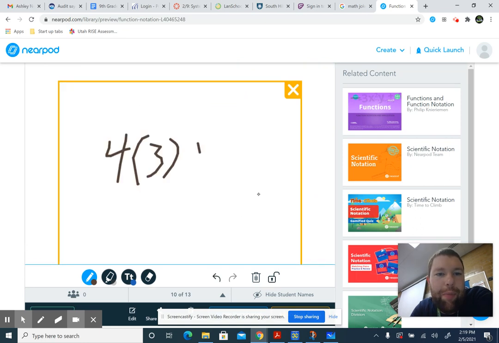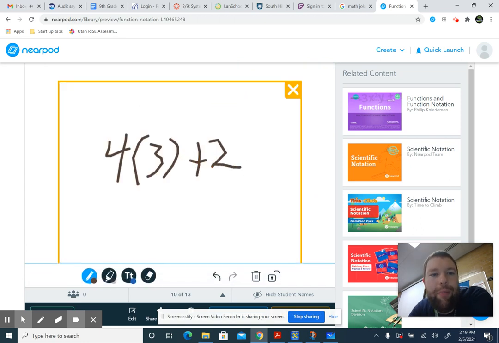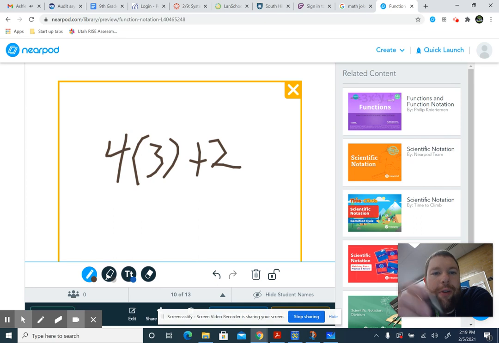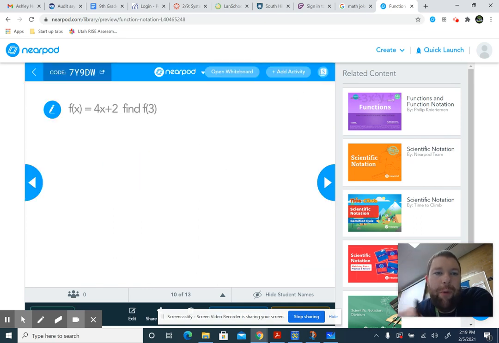So 4 times 3 is 12, plus 2 would be 14. So the output would just be 14. Basically, that's what we're doing here, is we're just trying to plug things in for x right here, with whatever numbers in parentheses.